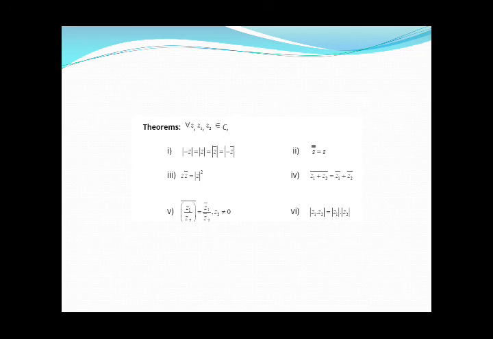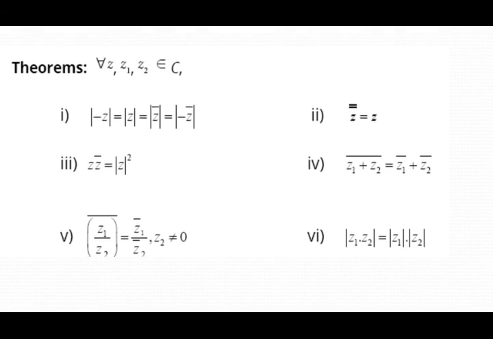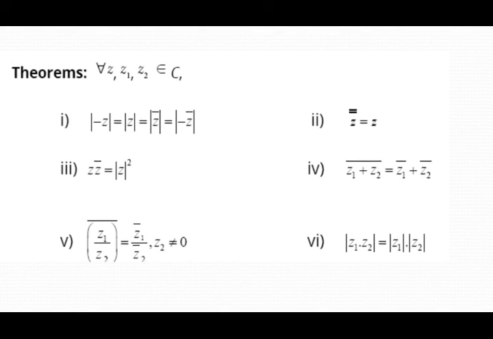And this is a theorem, only the statement. The modulus of minus z, z bar or minus z bar are always the same. Second, if we take the bar of z and then again take its bar, it becomes z.